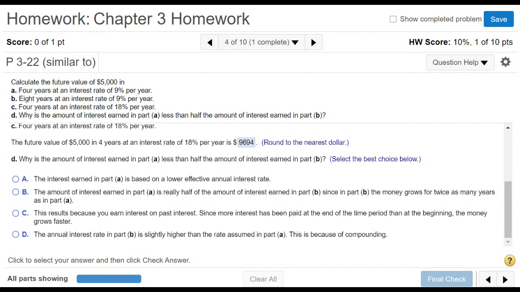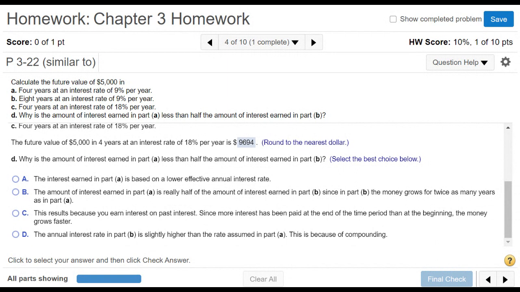So 9 times 5, 450. So year one, you have 5,450.